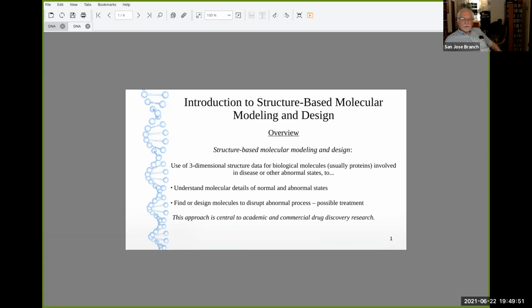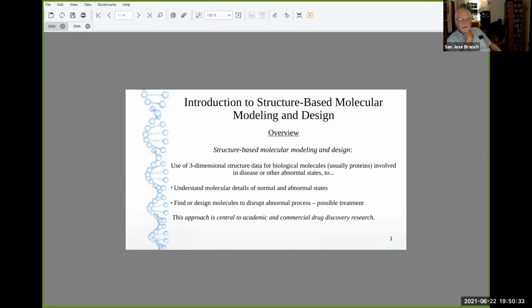So you want to be able to understand the details that are associated with normal states and abnormal states, and the molecules that are involved: the proteins, enzymes, receptors, whatever, ligands for the receptors. And you want to then use the knowledge that you've gained about those details and try to find existing molecules or design new molecules which will disrupt that abnormal process.